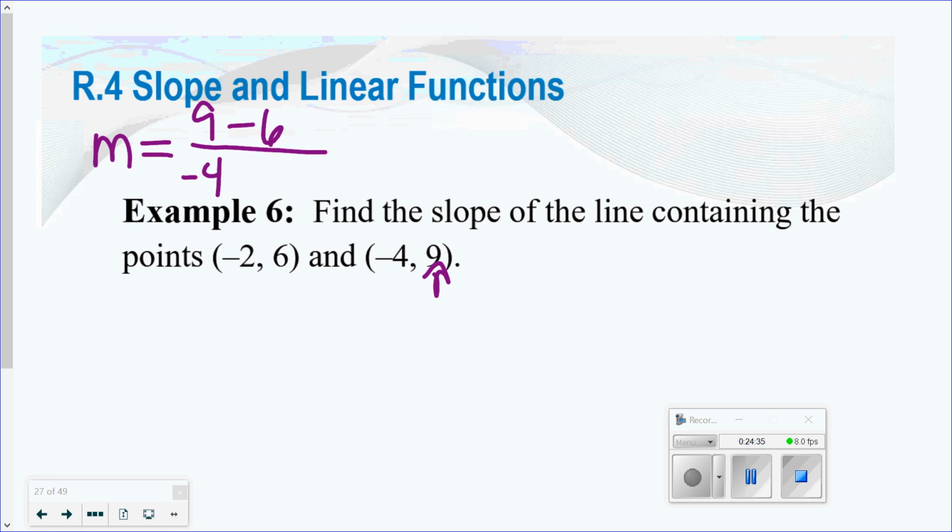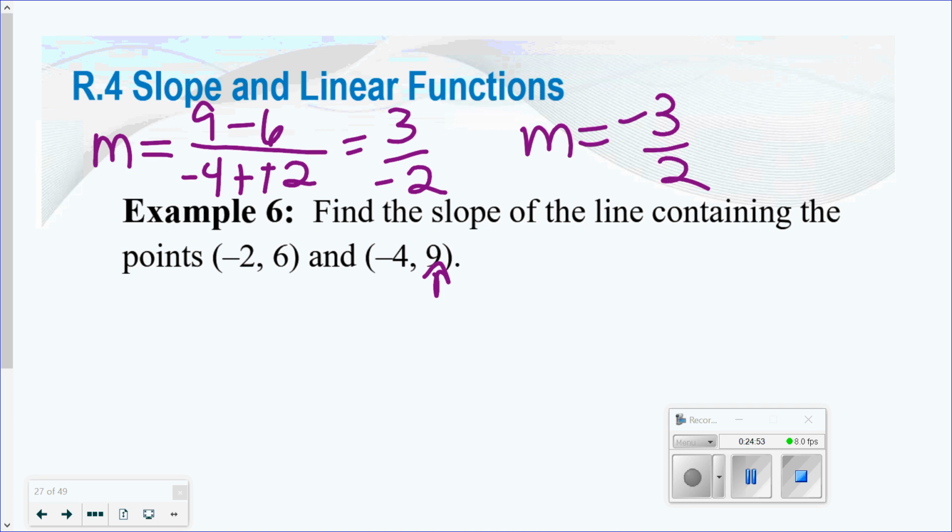Minus 6. That means -2 has to go there. So that's minus -2, which is a plus 2. So 9 minus 6 is 3. -4 plus 2 is -2. So my slope is -3/2.